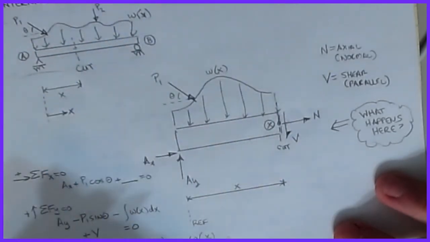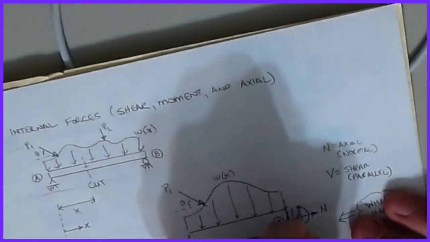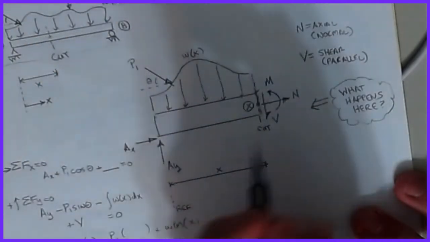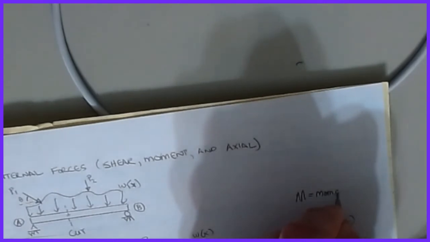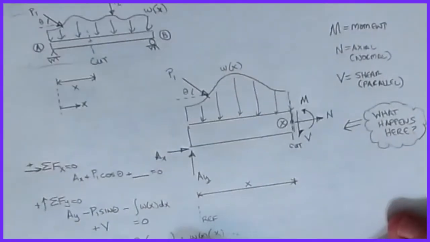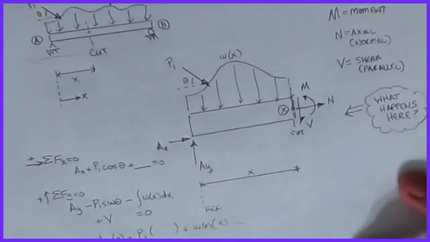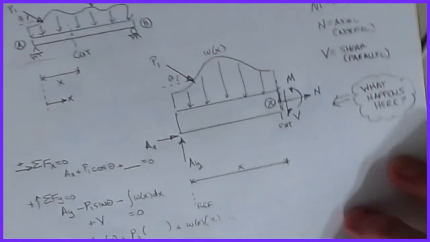If that's the case, then there has to be something at that cut location in the form of a moment at the cut. And so the M is our moment.